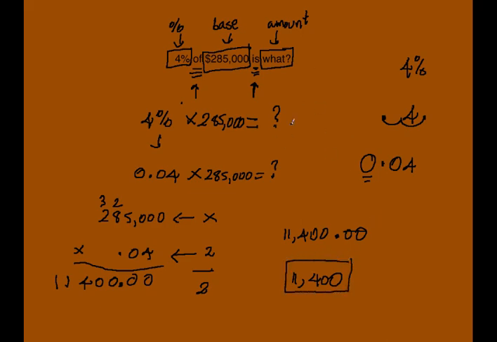But for most of the problems that we're going to solve, we will not do it this way, because there is another way, and it's more consistent with the other problems that we will do. So let me show you the other way. Let's say they ask you the same question: 4% of 285,000 is what?